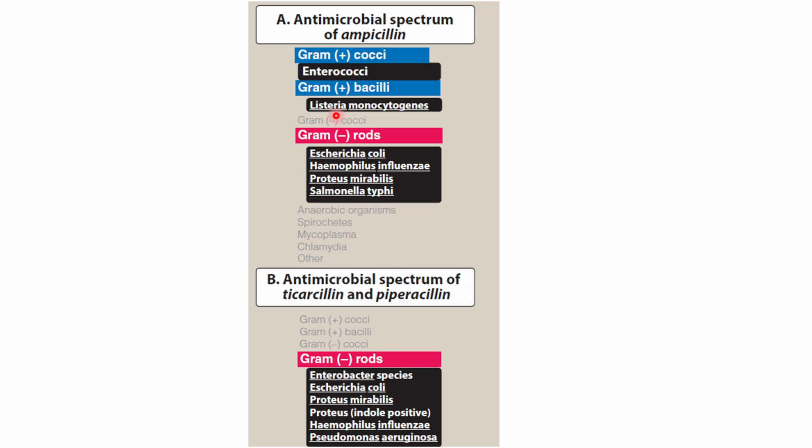Then they also cover the gram-negative bacteria, including Escherichia coli, that is a normal microflora of the intestine. Haemophilus influenzae is a very small bacteria that causes a flu-like disease.